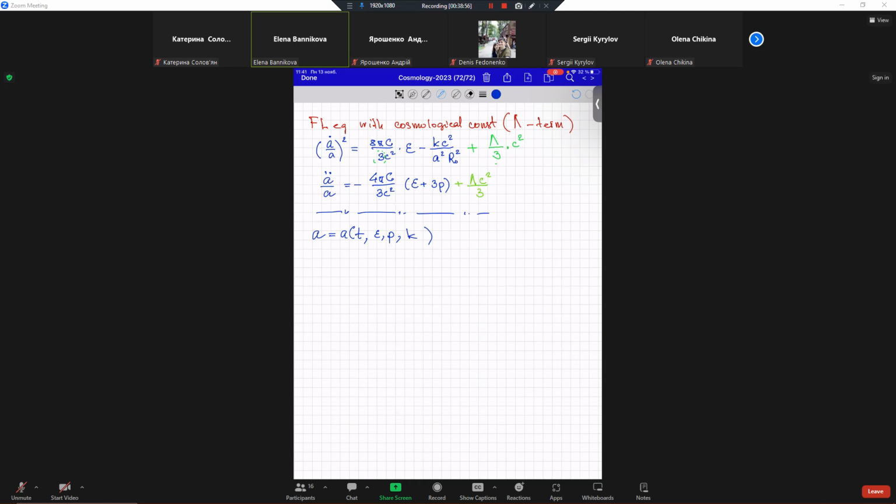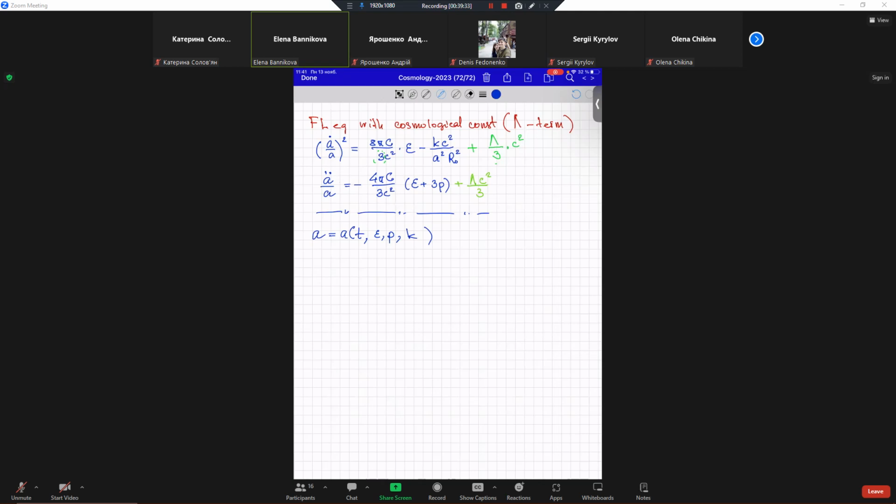And now we will obtain an additional equation, which will be very convenient to consider, because this equation will allow us to find the relations between the scale factor, pressure and energy density. To do this, we will use the first law of thermodynamics.